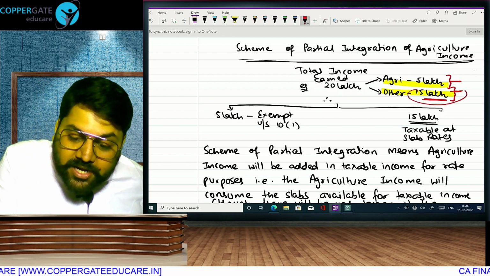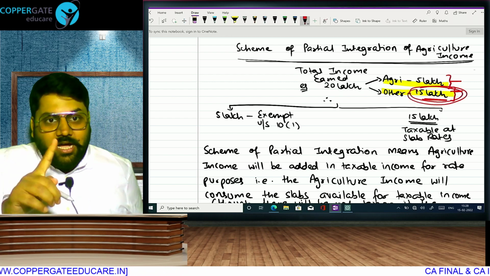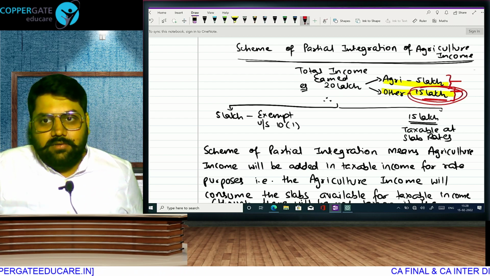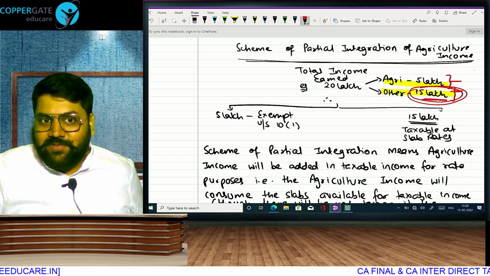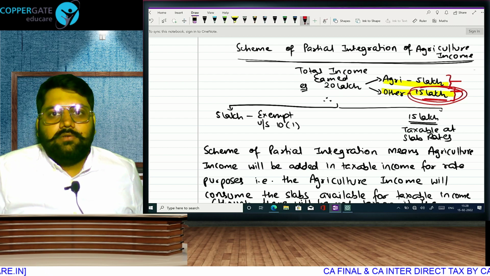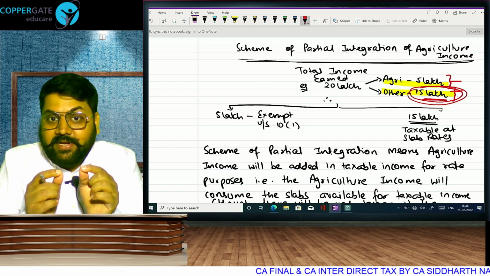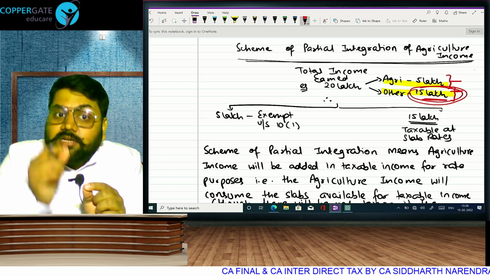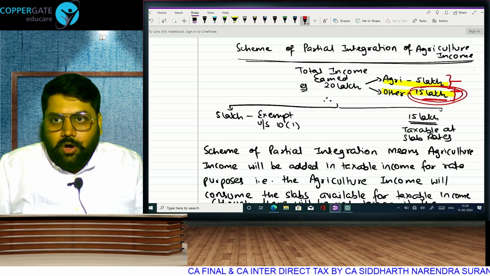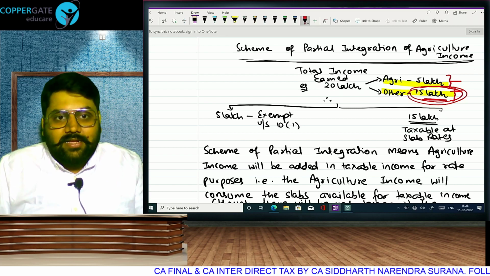But how much rate to apply on the other income, that's our choice as government. We are the ones who have given you the slabs. We will increase the applicable slab rate of an assessee if you have taken agriculture benefit.